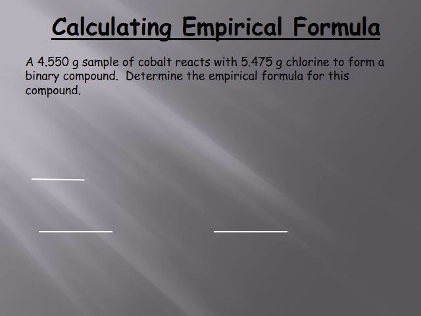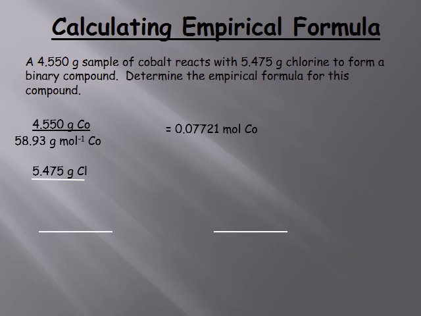Okay, so welcome back. So the first step you have to do is you have to find the masses of each of the atoms involved, elements involved. So you first have, from the question, 4.55 grams of cobalt, okay, and then you convert that to moles by dividing by the atomic mass of cobalt, which is 58.93, which gives 0.07721 moles of cobalt.